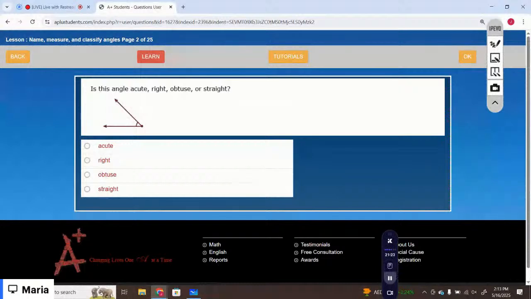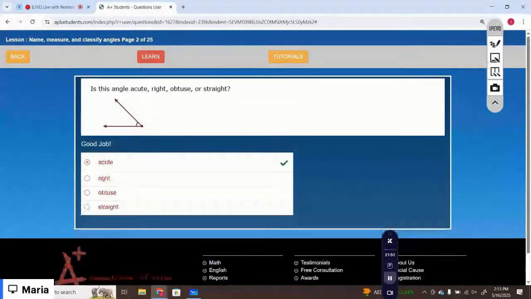Is this angle acute, right, obtuse, or straight? So which is the correct option? That is again an acute angle because the measurement of the angle is less than 90 degrees. Option number one is the correct option.